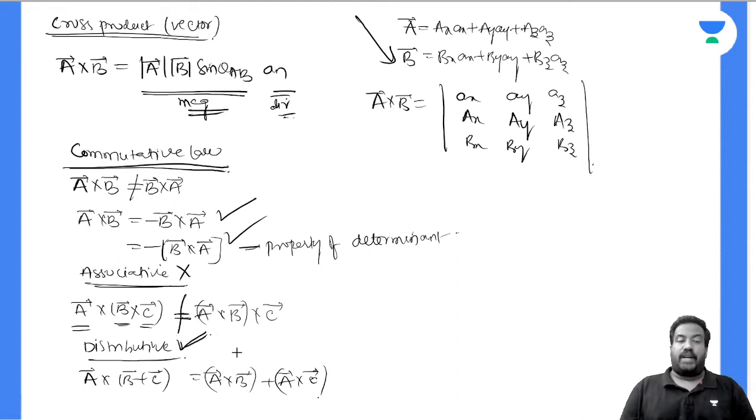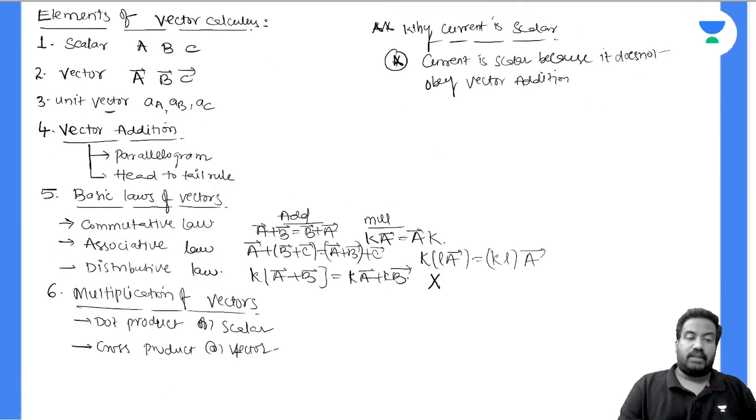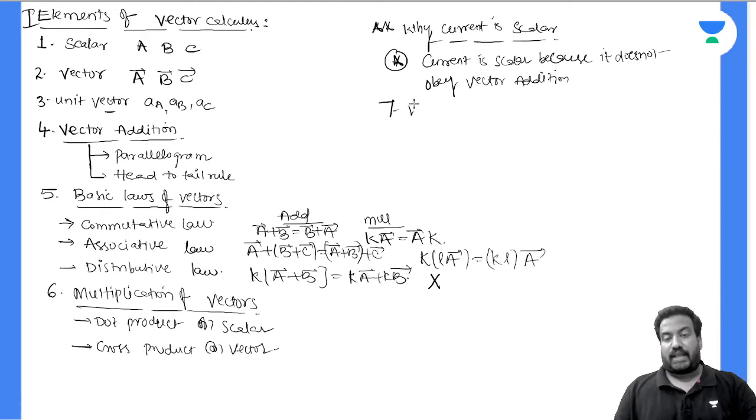It is not commutative, it is not associative, but it is distributive. This we have studied in multiplication of vectors, dot product and cross product. And in this first section of elements of vector calculus, we studied about vector identities and also del and its operators.